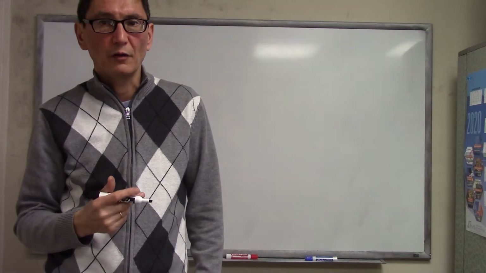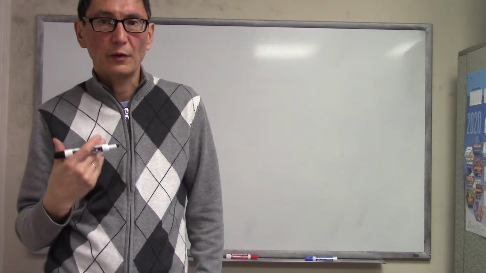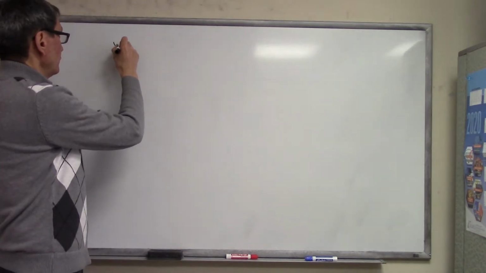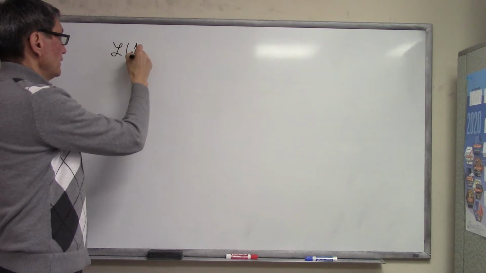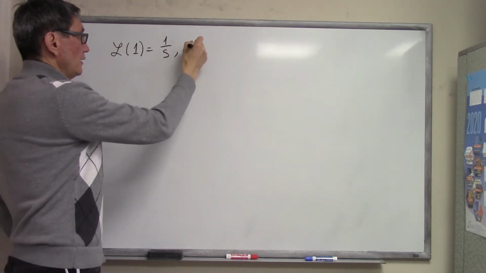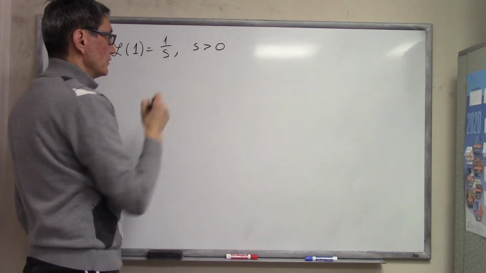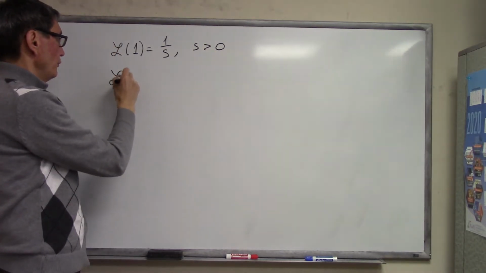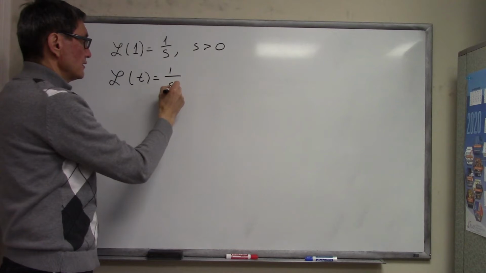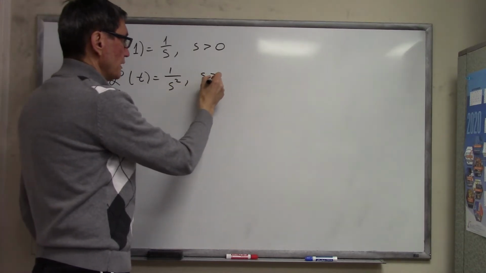We're going to write down Laplace transform of a few elementary functions. Laplace transform of 1, we already discussed that, equals 1 over s, and it's defined as long as s bigger than 0. Laplace transform of t equals 1 over s squared, and again s bigger than 0.